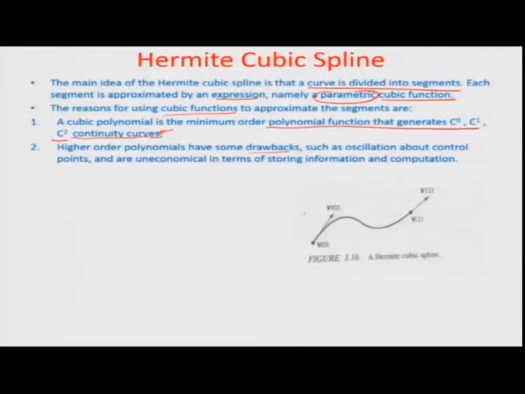The general form of a cubic function is a0 plus a1 t plus a2 t square plus a3 t cube, where t varies between 0 and 1 and is the parameter.